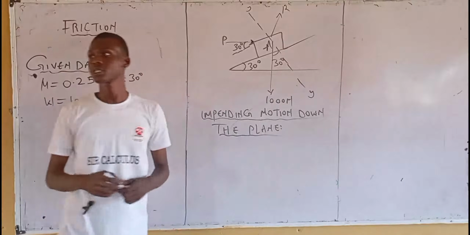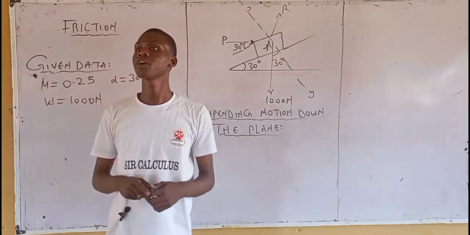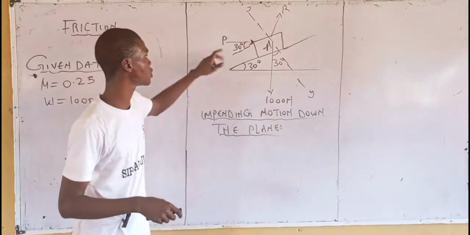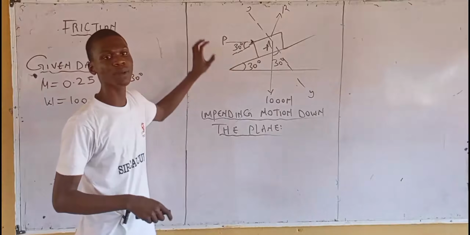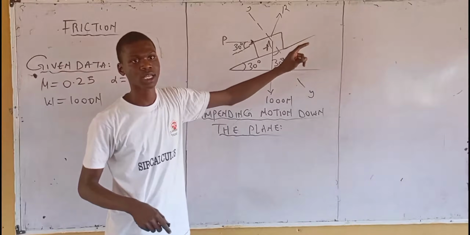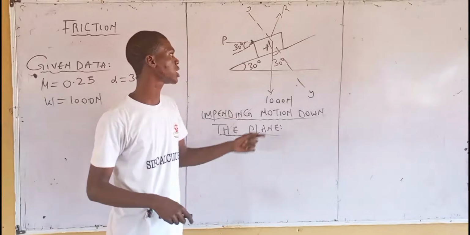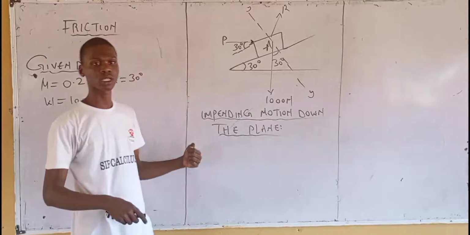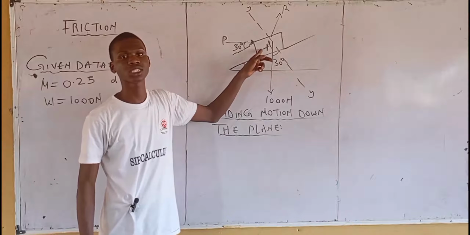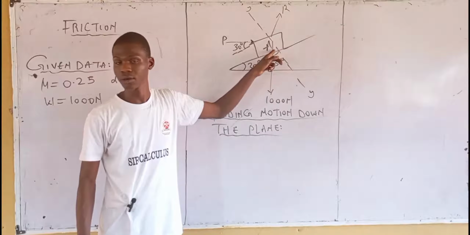Now this is how it works. I said earlier on that for impending motion down the plane, what it means is that this force that you are applying to this block, you want to push the block, right? But the question says impending motion down the plane, meaning that this force is not sufficient to push this block, right?